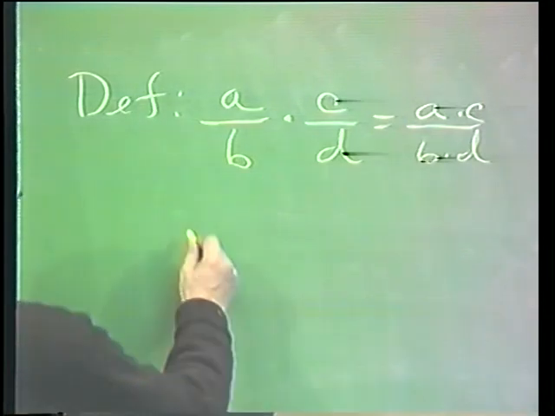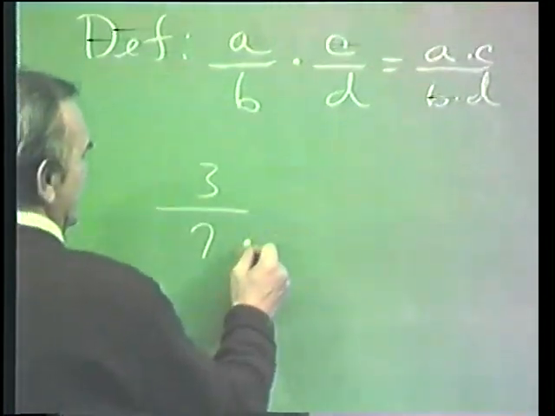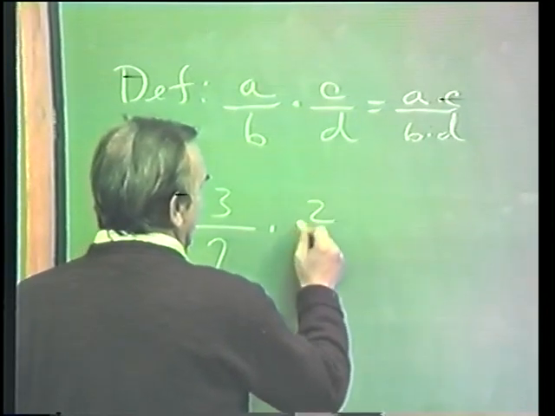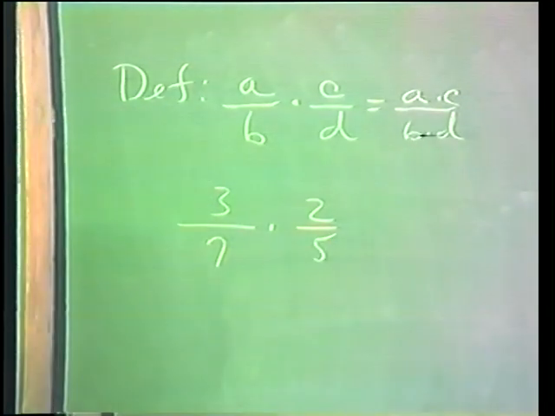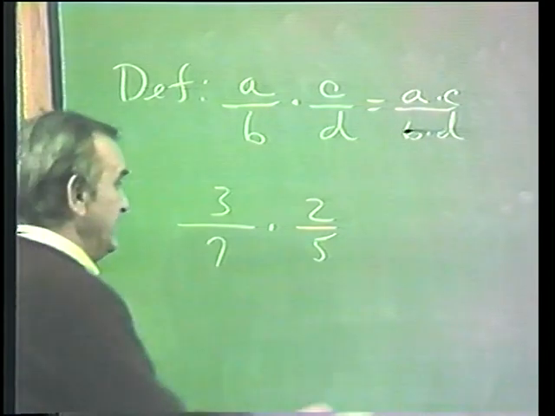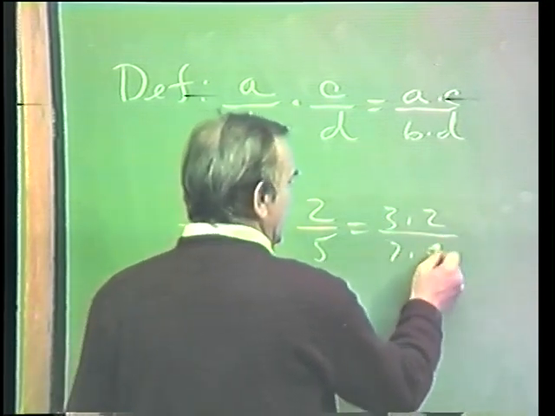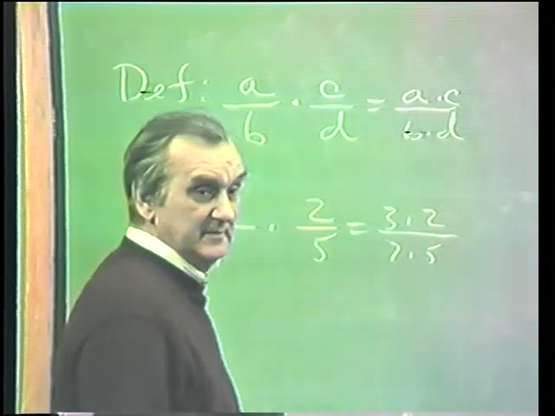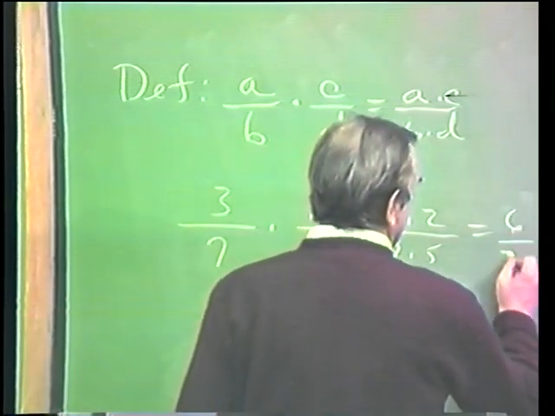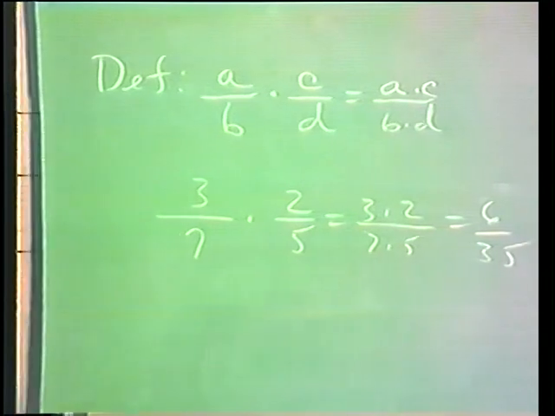Let's take a look at our arithmetic problem. Suppose we have 3/7 times 2/5. What do we get for an answer? 6/35. That's correct, because by our definition, this is equal to 3 times 2 over 7 times 5, which is 6/35. That's what you do in arithmetic.